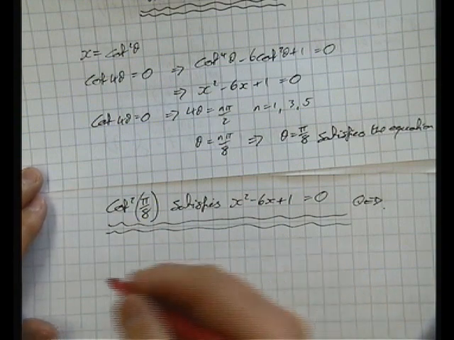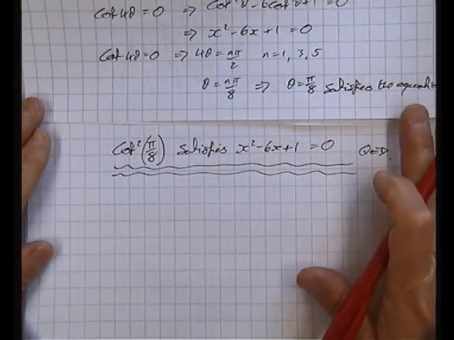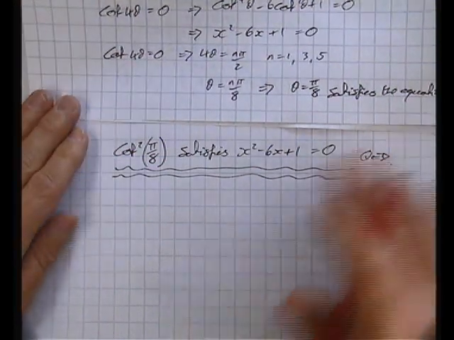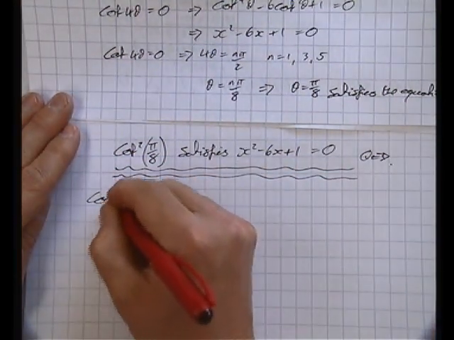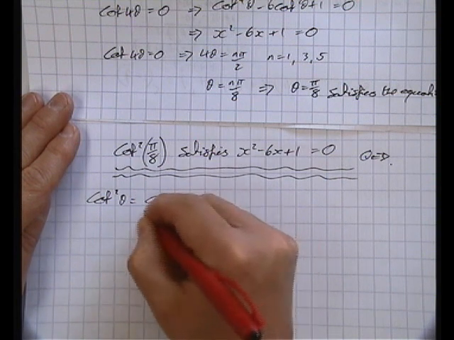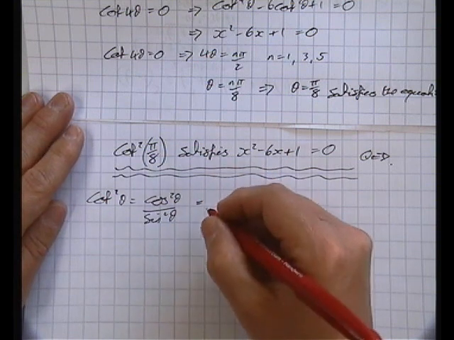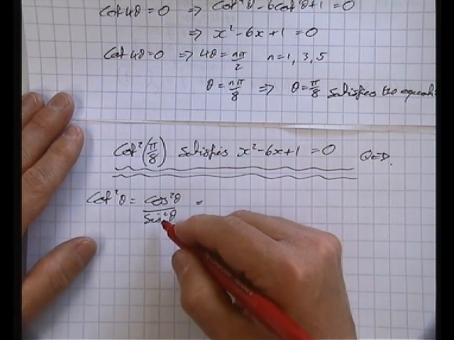Now, let's play around with some trig identities here to see whether we can convert our cot squareds into cosec squareds and then do something useful with them. Now, we know that cot squared theta is cos squared theta over sine squared theta, and I also know that 1 over sine squared theta is cosec squared.